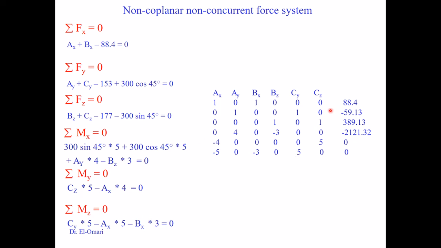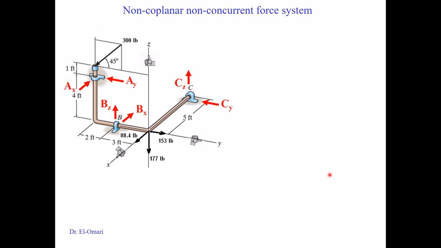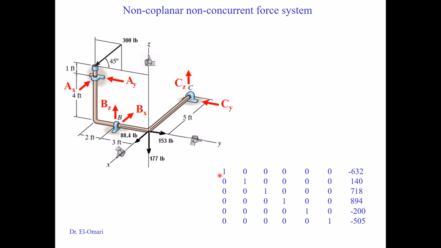So we build the matrix, you solve it, check your calculator user guide, and you will get an answer like that in the calculator. Look that the first column is occupied for AX. So this right away means that AX is equal to negative 632. Negative means that it has to be in the opposite direction of this assumption.